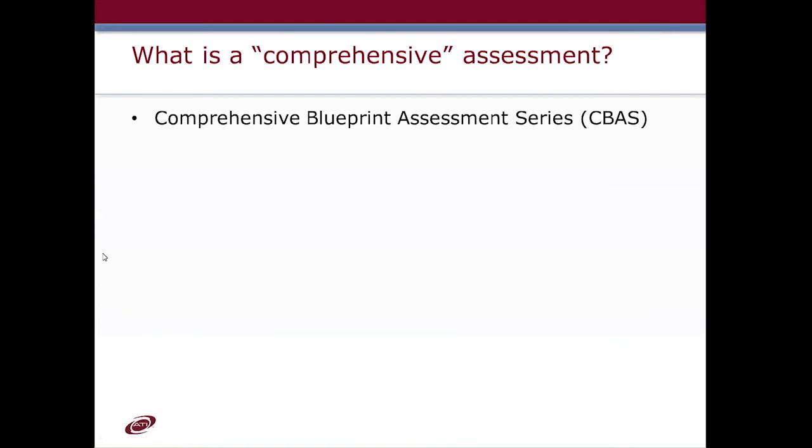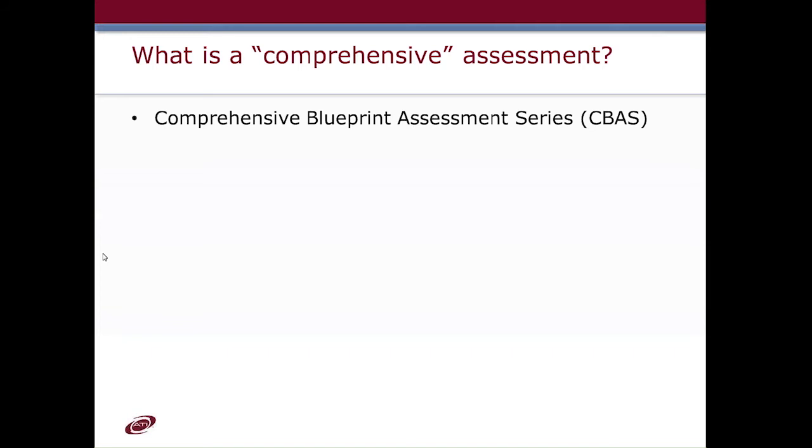All right, let's continue here with the assessment series. What is a comprehensive assessment? Here at ATI, we create what's called a Comprehensive Blueprint Assessment Series, a CBAS.